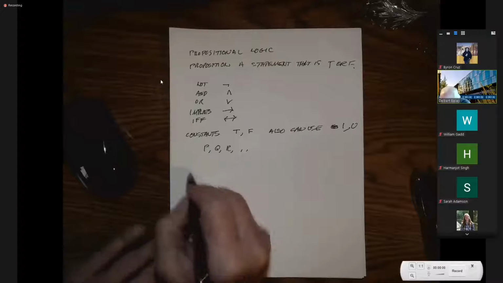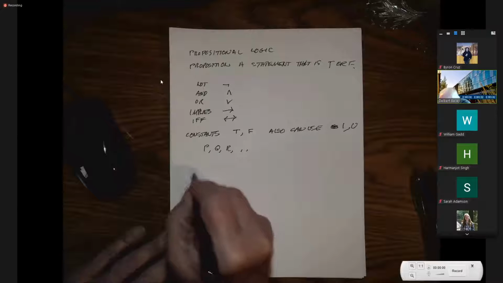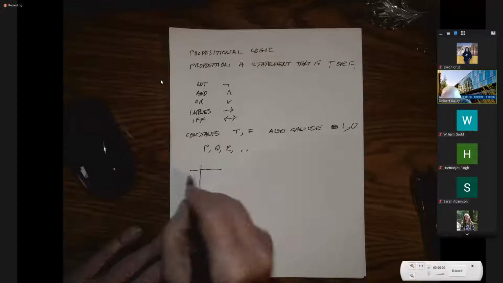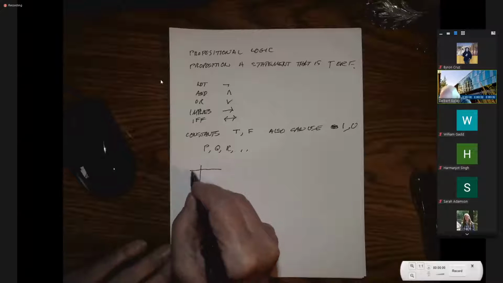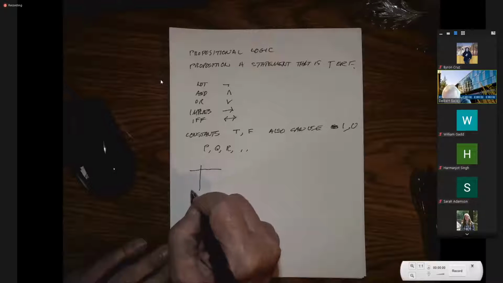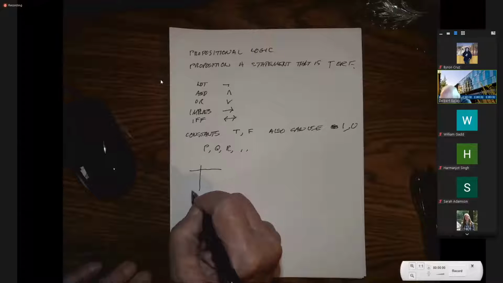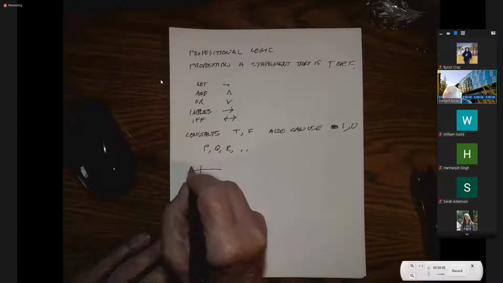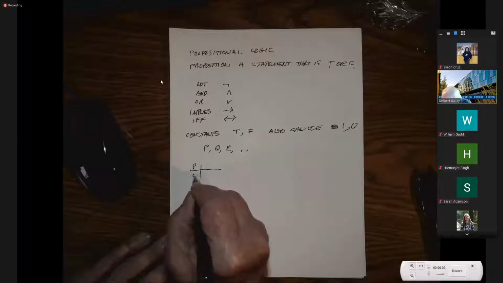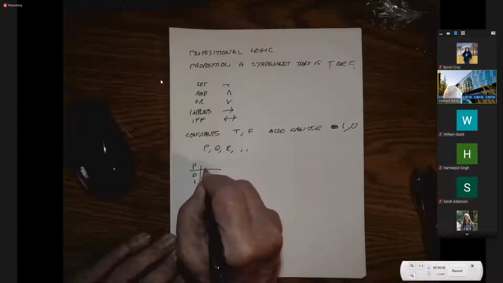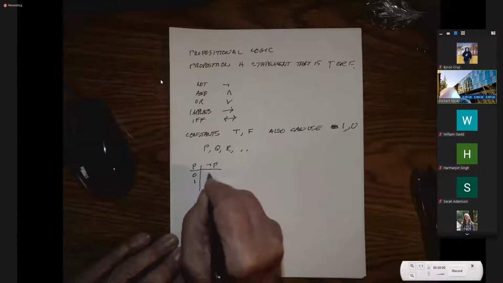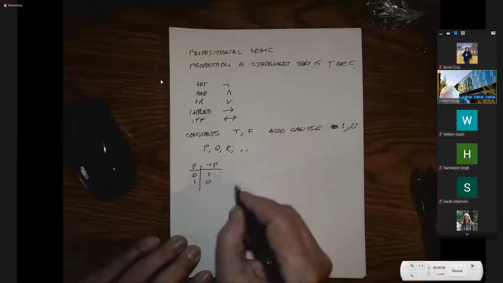So for truth tables, the usual way of doing this is we have all of the possible states of the world. In other words, for the variables under discussion, the different combinations of truth values they could have. So for not, the definition, which of course I know you all know, is quite simple.